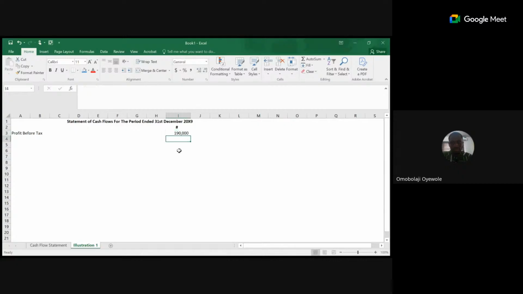Then adjustments for non-cash items after that.